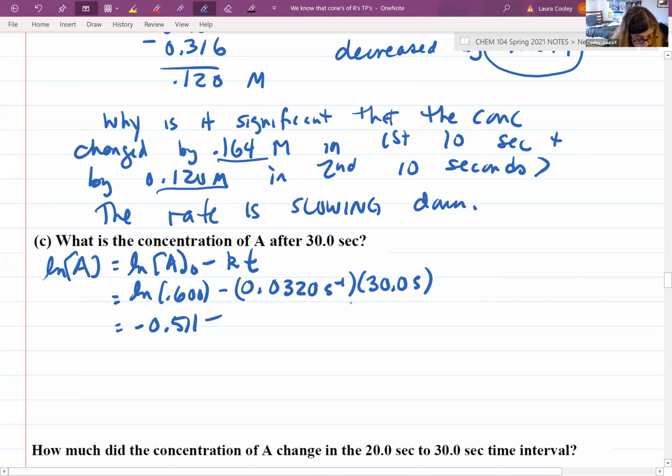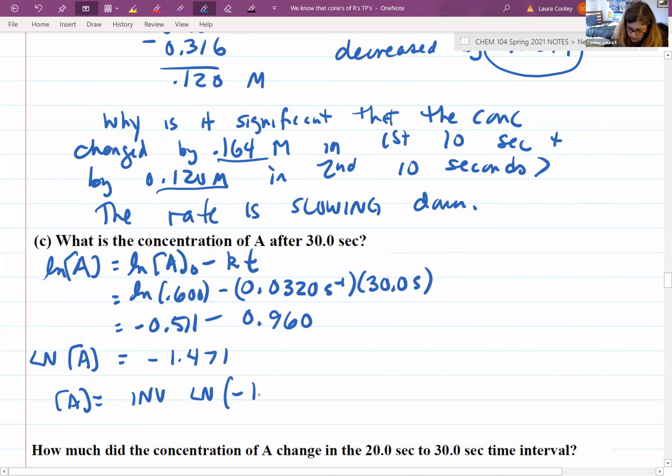And when you multiply those together, you get negative 0.960. And you put these together, you get negative 1.471, which is the natural log of A. So A is the inverse natural log. What do you get?